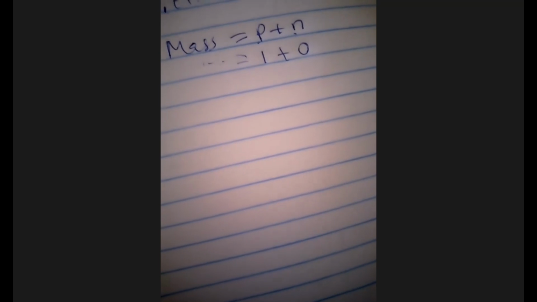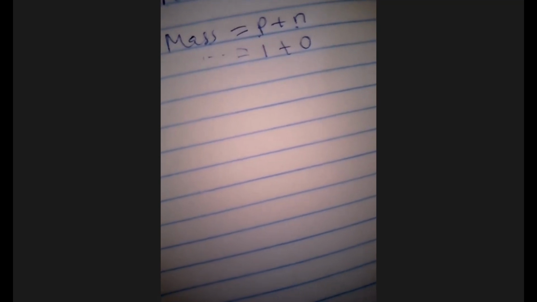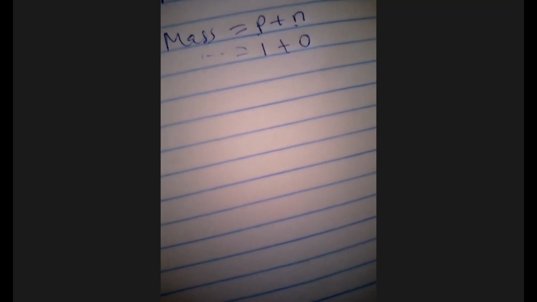The atomic number is the number of protons or electrons in an atom. Protons are found in the nucleus of an atom, but electrons are found in the structure of an atom. Therefore, this is the atomic number and this is the mass number.